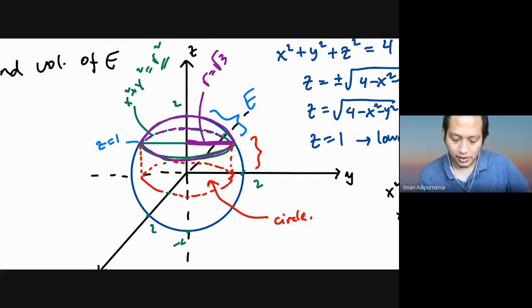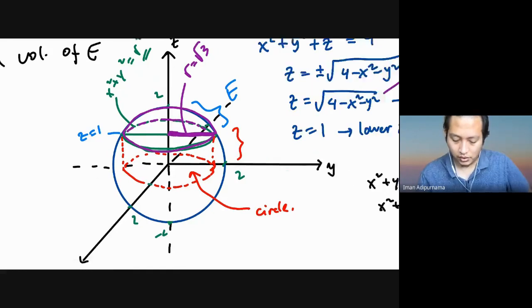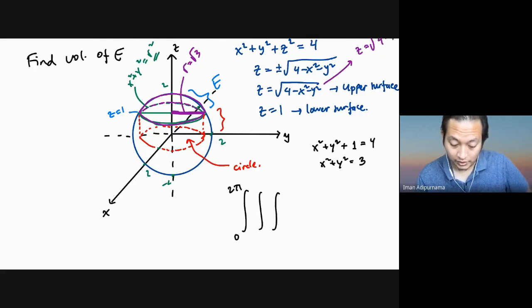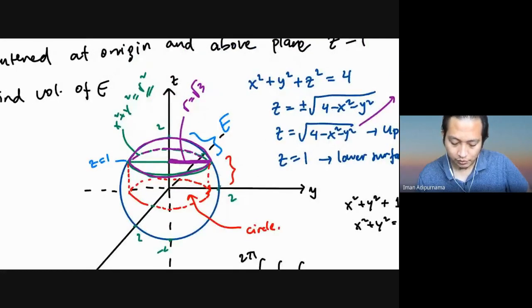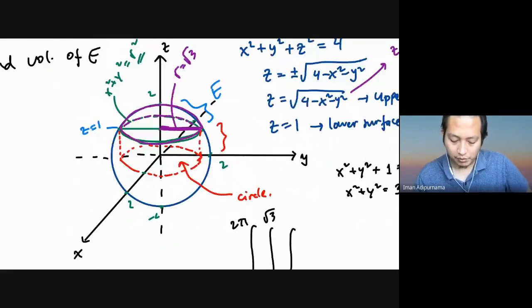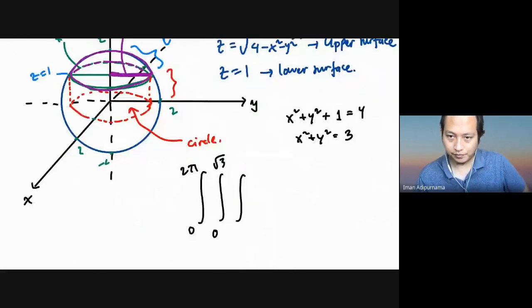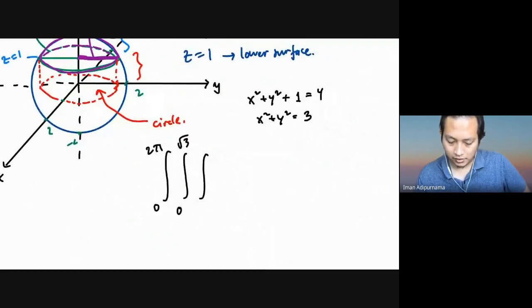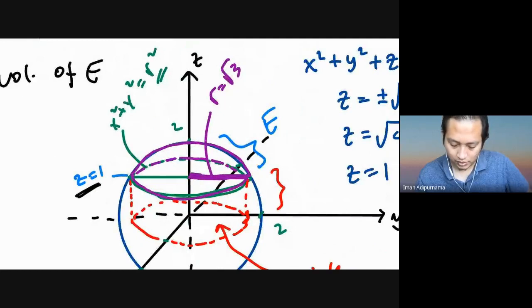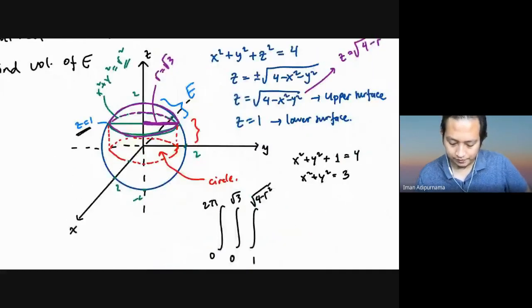and we can see that it's a full circle, which means when we write the polar, it's from 0 to 2 pi. And then the radius is from 0 to square root of 3, right? If we just look at that shape, only this. And then z is from 1 to the square root of 4 minus r squared, from z equal 1 to this surface, the sphere.